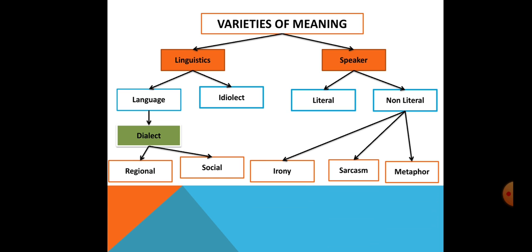And what are they? So you can see it from here, the varieties of meaning are divided into two, based on linguistics and based on speakers. Based on linguistics, you have language and idiolect. Idiolect is someone's dialect. For example, I have my own dialect when I speak, and you have your own dialect when you are speaking.